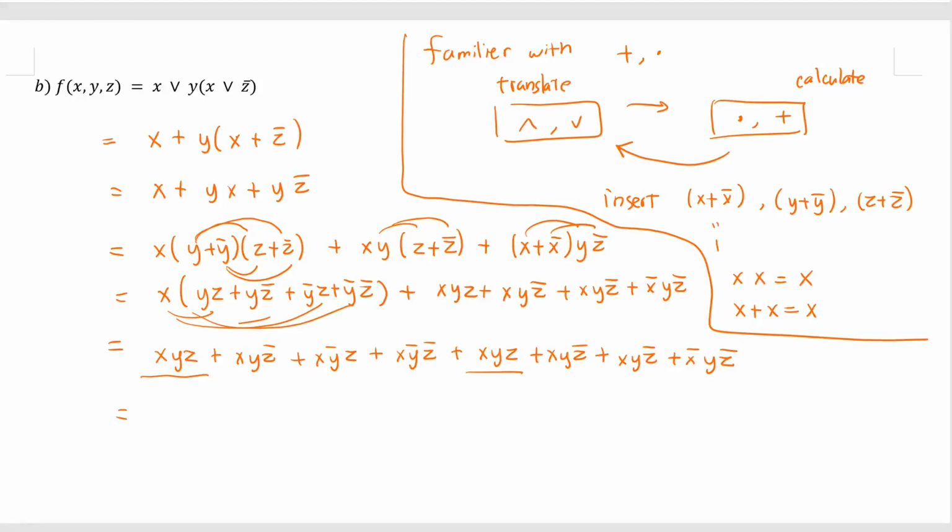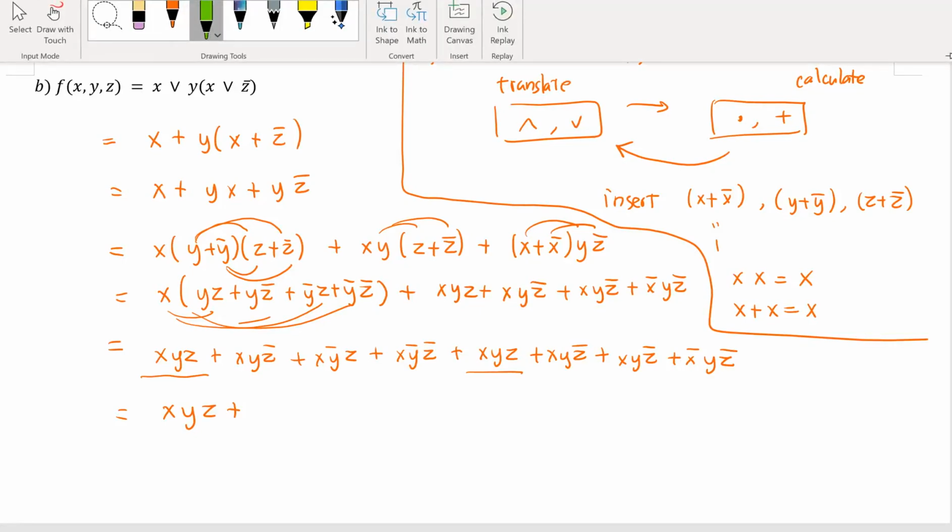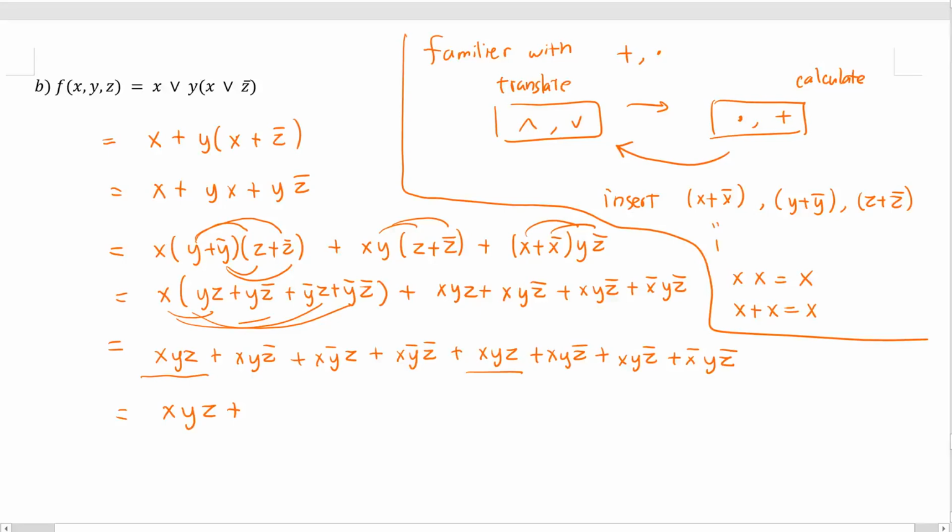So you see, we have both of them being xyz, so that will give us xyz. Then xyz bar: there are 3 terms of that, right?